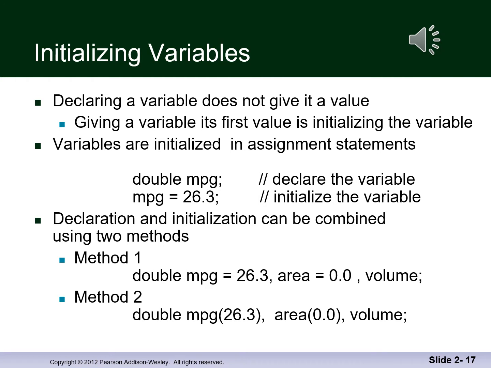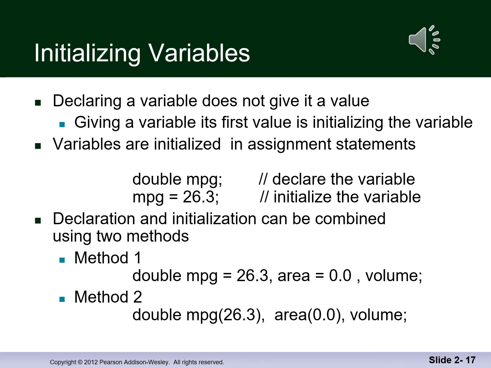Declaration and initialization can be combined using two different methods. Method number one, during the declaration statement, you can put an equal sign and then the initial value, such as described in method 1: double MPG = 26.3, area = 0.0, volume; This declares and initializes two doubles, MPG and area, giving them 26.3 and 0 respectively.